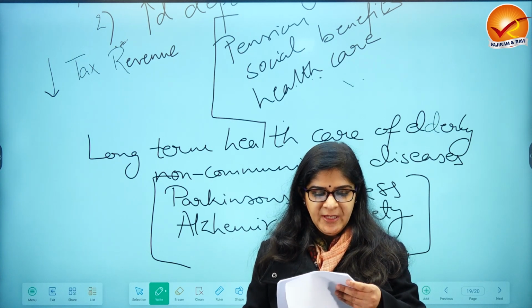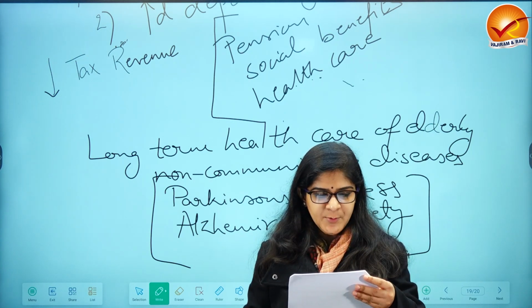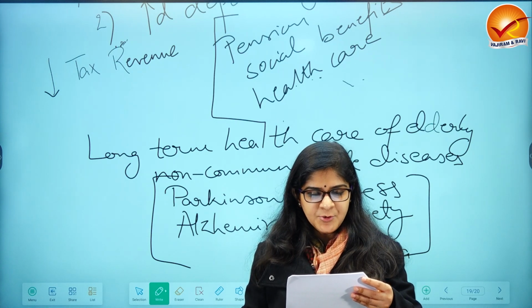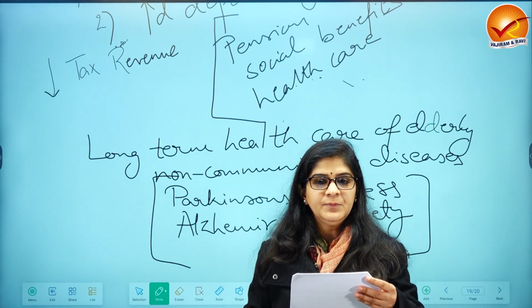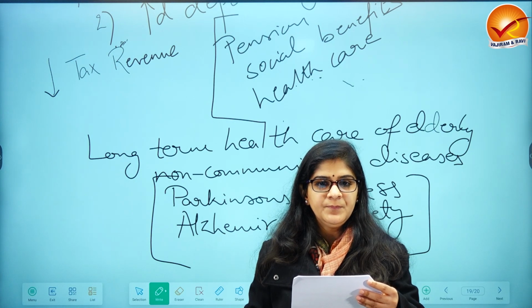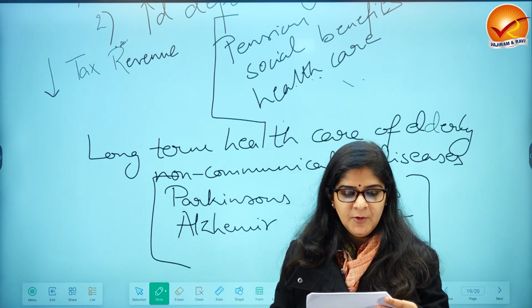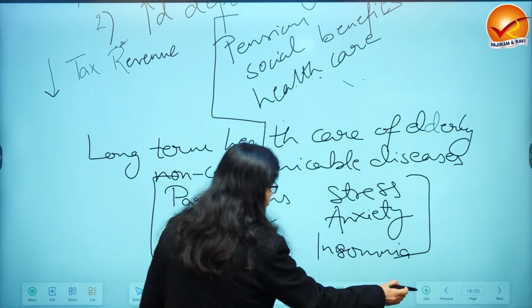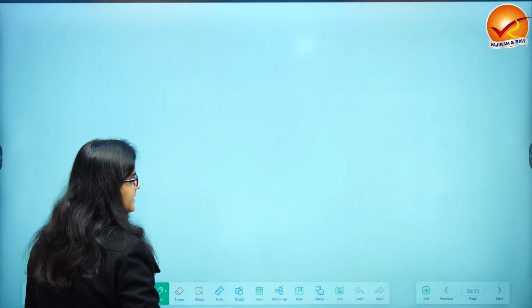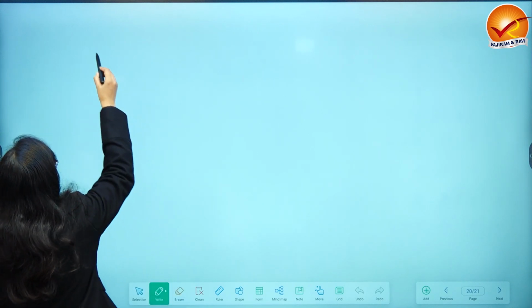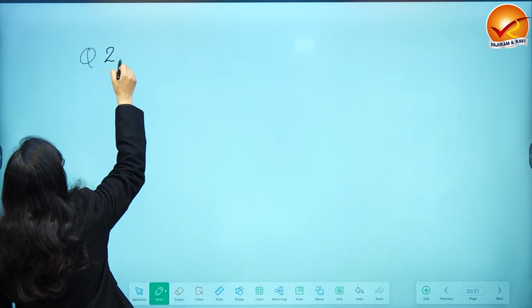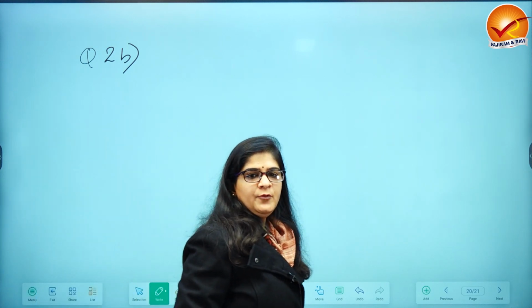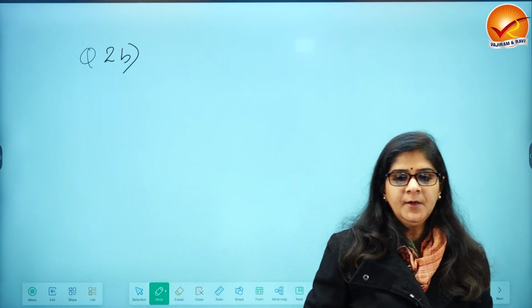And now question 2B. Appraise why drought is one of the most common climatic extremes in India. Right? Question 2B. Explain why drought is one of the most common climatic extremes in India. Now, bache, this question also is completely doable from the content provided to you in the class.